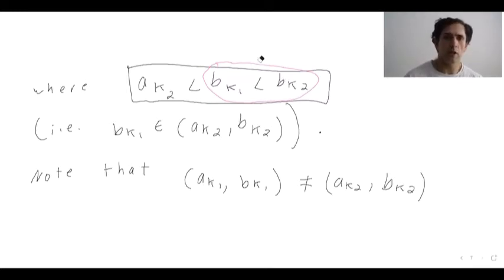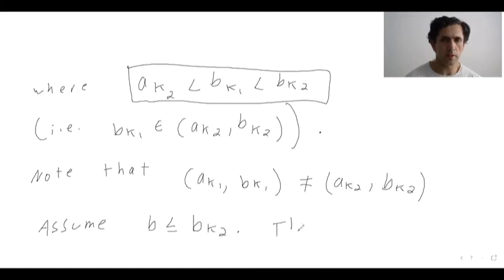Okay, so we're going to continue on. Let's look at B and BK2. I want to assume that B is less than or equal to BK2. Let's see what happens here.